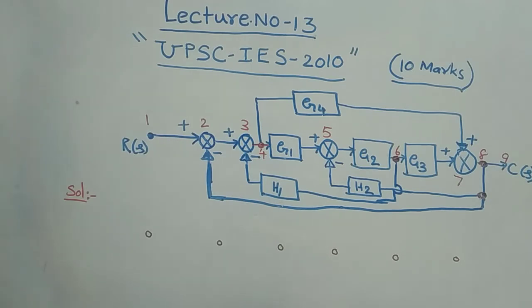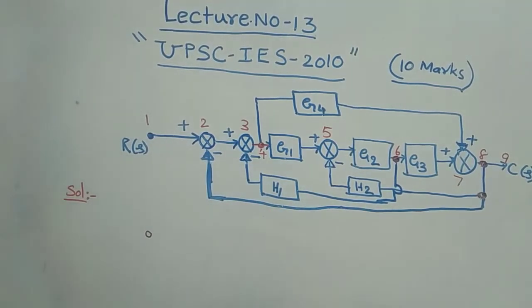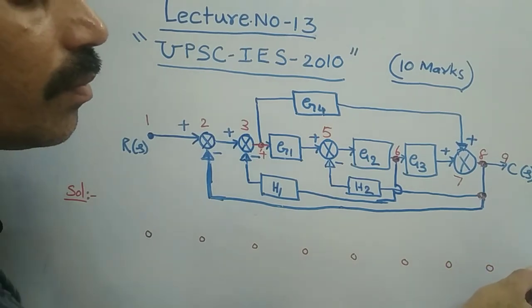Is it sufficient, or otherwise I can draw a little nearer so that the space of the board can be utilized. Again, it is 1, let us say 2, 3, 4, 5, 6, 7, 8, 9.